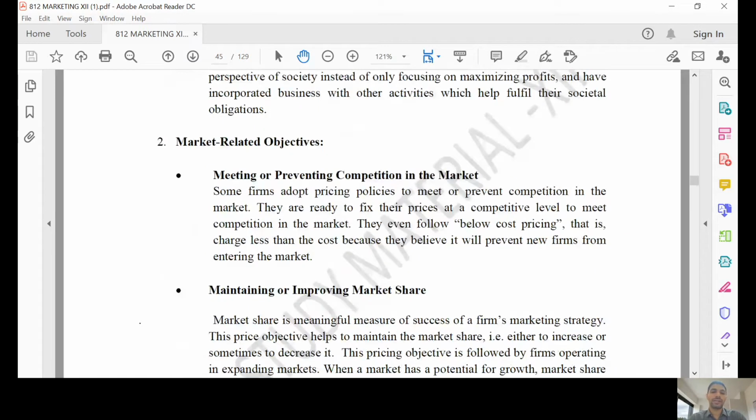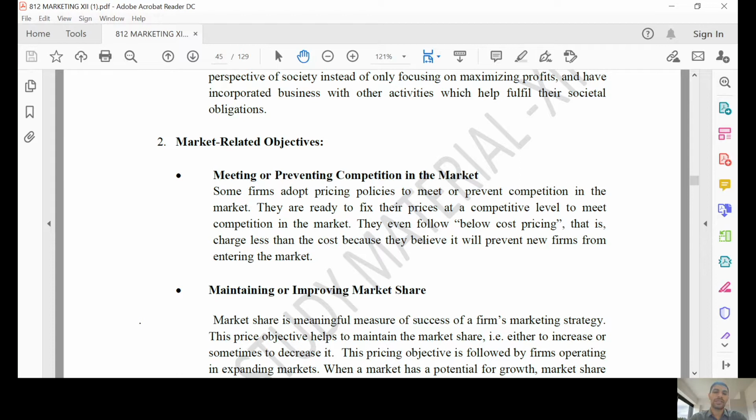As we discussed earlier, there is too much competition in the market, and that is why sometimes companies have to reduce the price in order to survive in this competitive market. So one of the important objectives of pricing is to just meet the competition or prevent the competition.